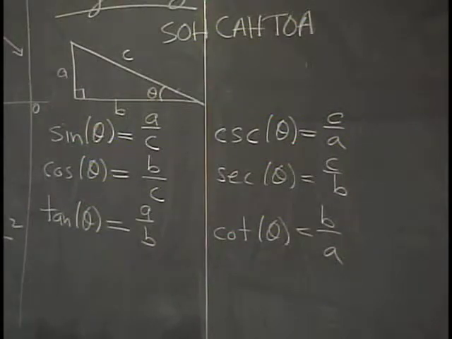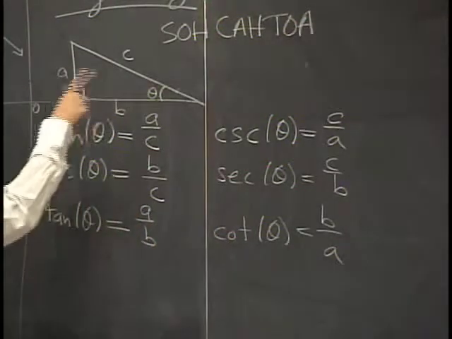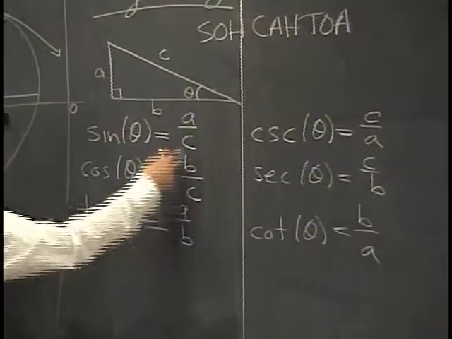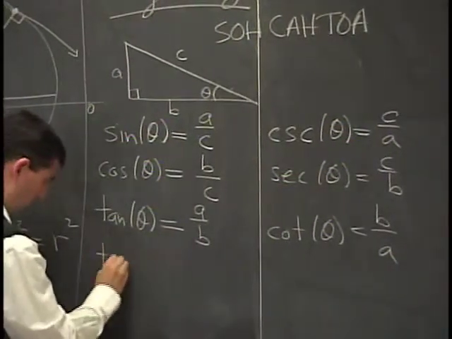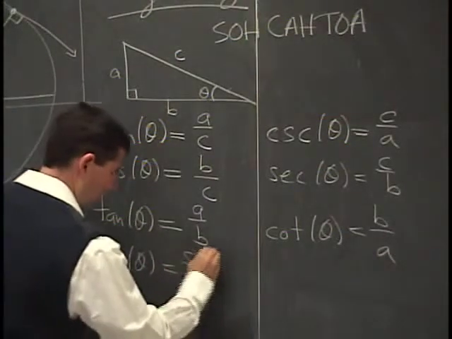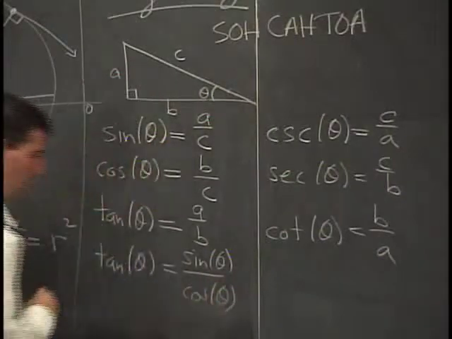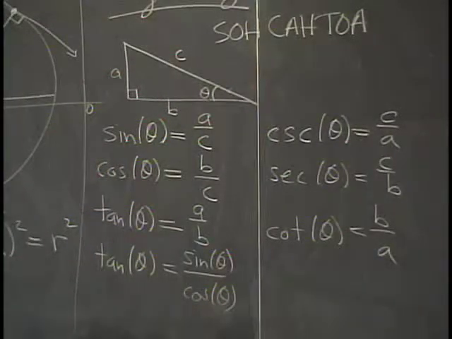Okay, so also, if we look at this picture and look at these quotients, it's very easy to see that, for instance, the tangent is the sine over the cosine.